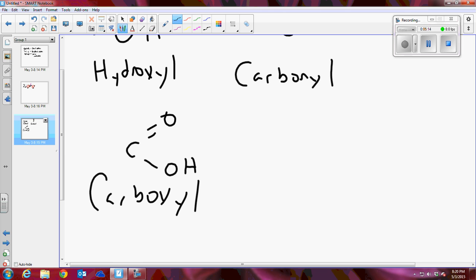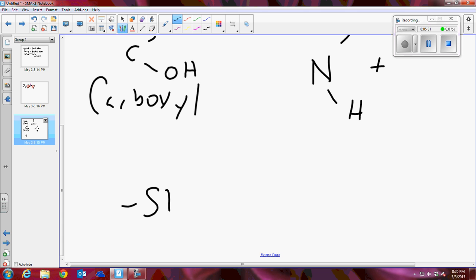Amine, this is where you have a molecule that looks like that, oftentimes has a positive charge. Sulfhydryl, and phosphate groups, and these are all groups that you should be familiar with because you never know when one of those fun molecules might rear its head on the test.